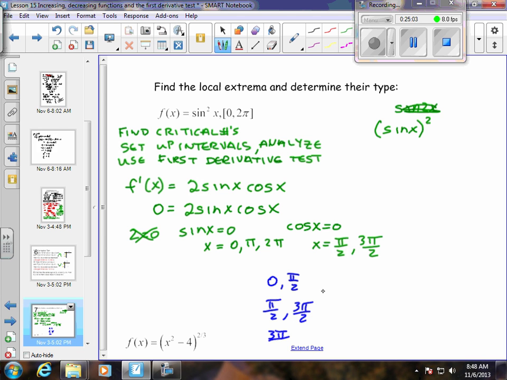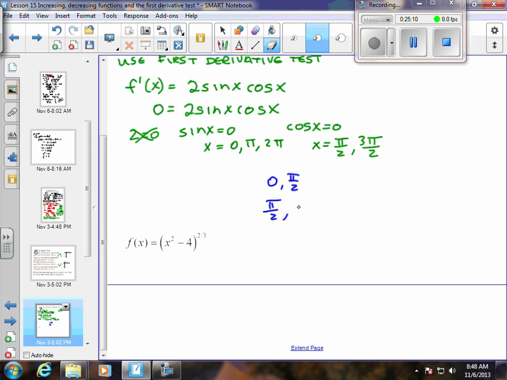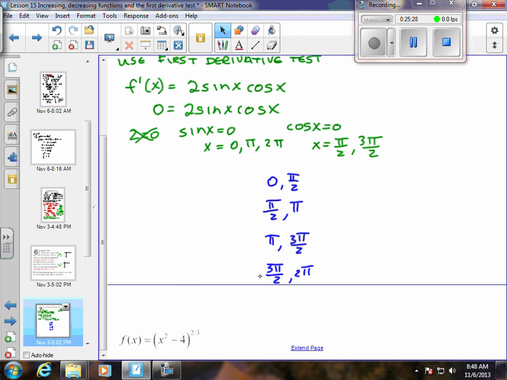Thank you, Sammy. Pi to 3 pi over 2 and 3 pi over 2 to 2 pi. I hope I left you enough room on here. So these are the intervals.